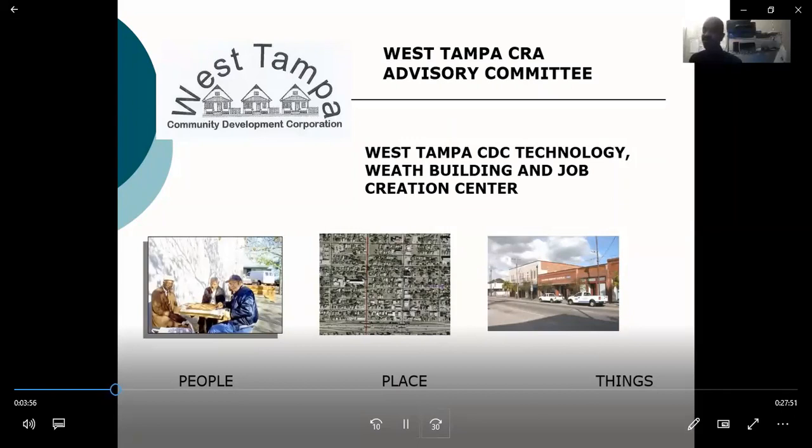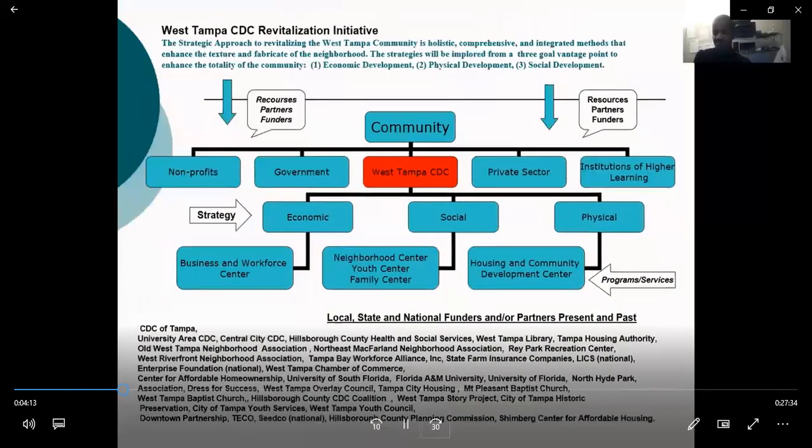So as a result of that, what we're going to talk about tonight is the West Tampa CDC response. So let's get started. The West Tampa CDC is what we call a CCI.